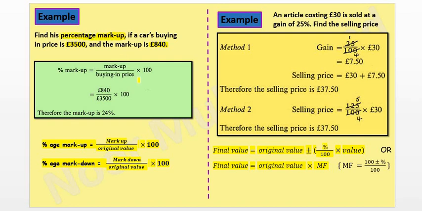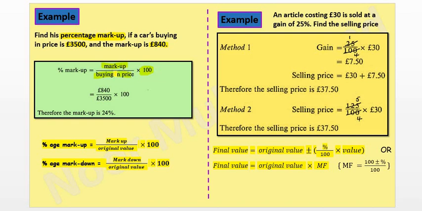When they say percentage markup, that means we need a fraction that will be multiplied by 100. Whenever they use the word percentage in any question, that means we need a fraction in which we write the original value always in the denominator, and we write the markup or the increase or decrease or error in the numerator, and then we multiply it by 100.